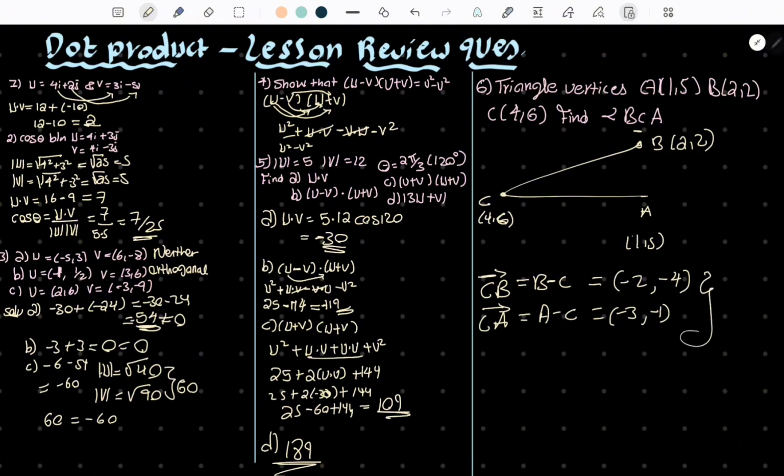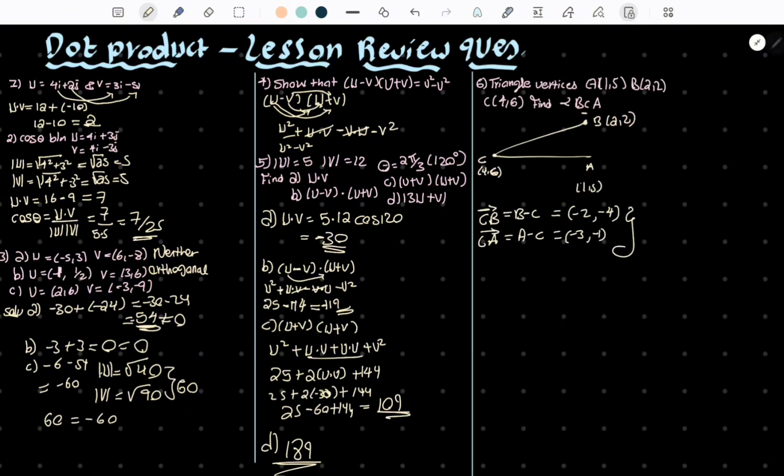Now we need to find their dot product. So their dot product will be CB dot CA, which will be equal to the multiplication of their components. -2 times -3 is going to be 6, plus -1 times -4 is going to be 4, which will be 10. So this is their dot product.